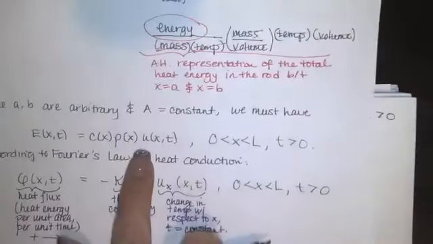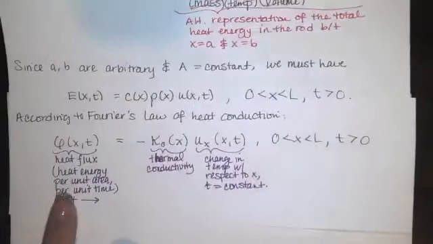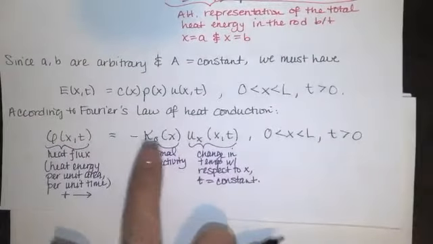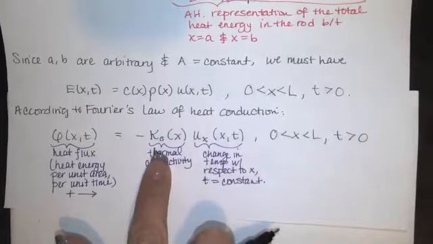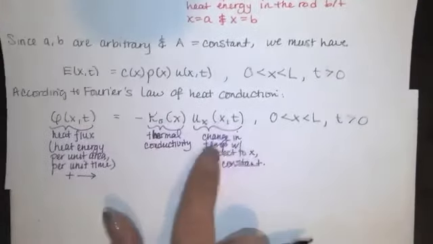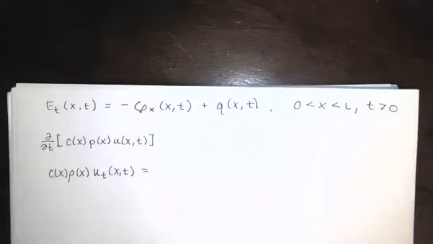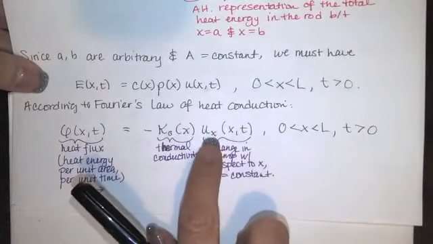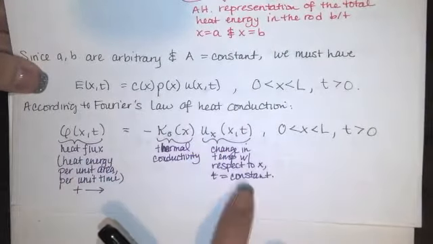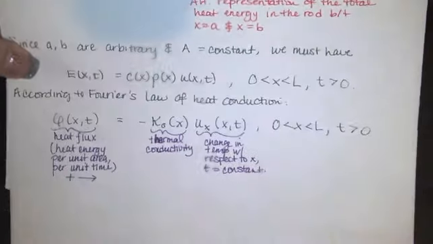And that's from this equation. Now we also know that the heat flux is given by this -1 times this thermal conductivity times the, excuse me, partial derivative of the temperature function. Sorry about that. The partial derivative of the temperature function with respect to our spatial variable, where our time is held constant.